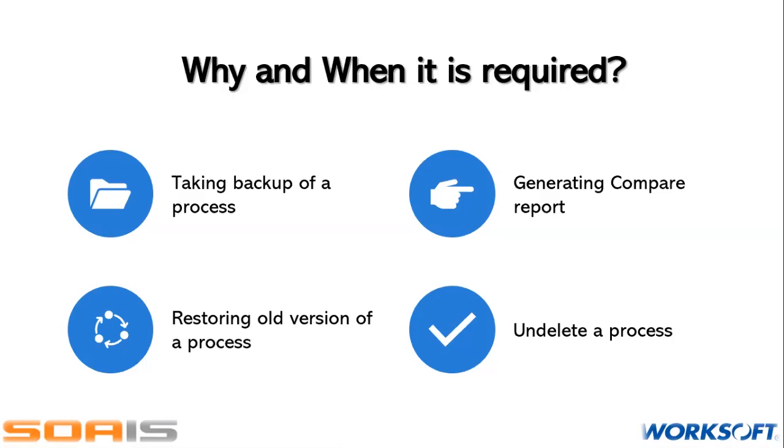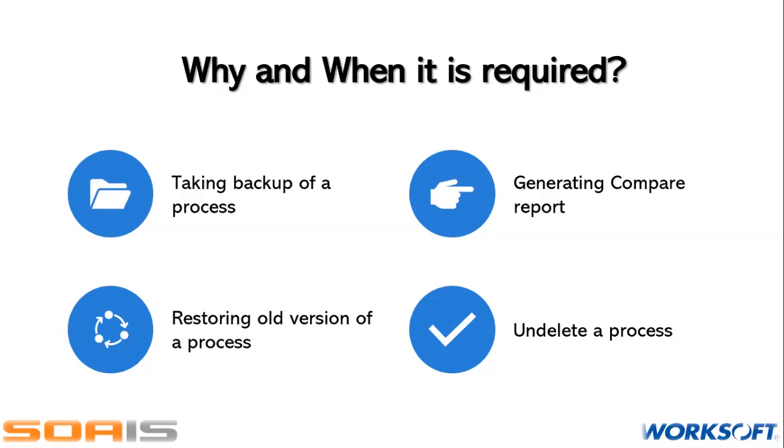But with process versioning in Workshop version 11, whenever we delete a process, it will automatically create a version of that deleted process in the change history. What we need to do is log in with the administrator login, where the change history option is enabled.